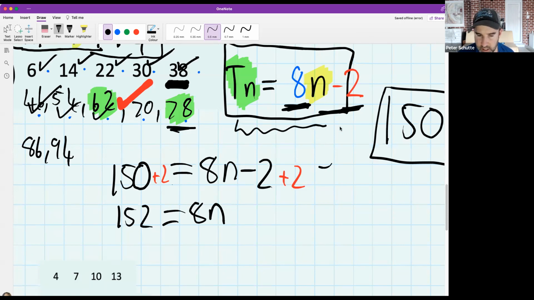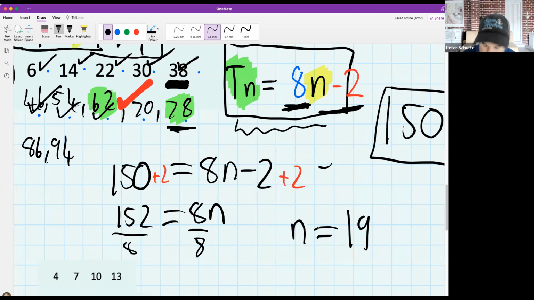So guys, I see quite a few people are getting there with the answer. I just want to point out the method is almost the same. All I need to do is divide both sides by 8 at the end. I get 152 divided by 8, and I should get n equals 19.